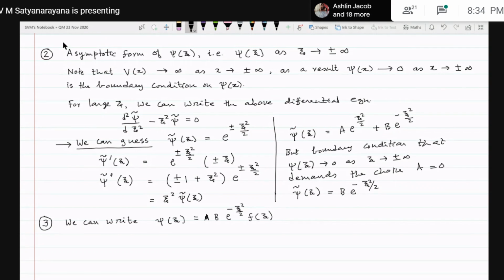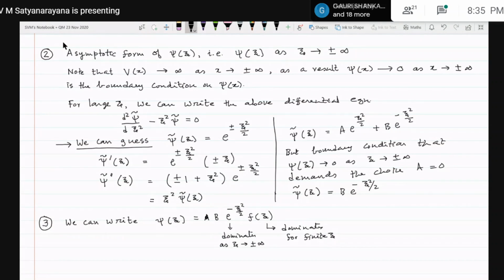Now we are writing it like this so that this function dominates as xi goes to plus minus infinity, and this function dominates for finite xi.